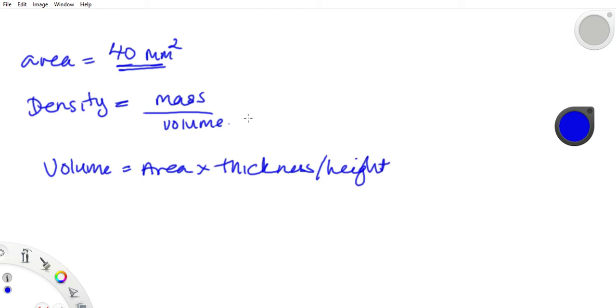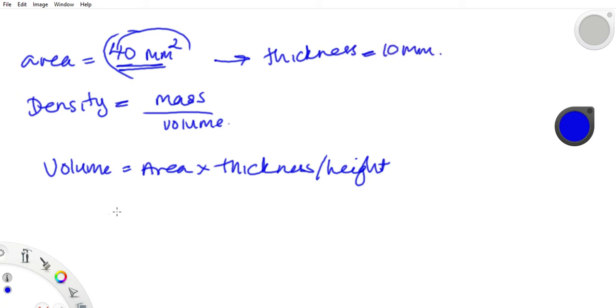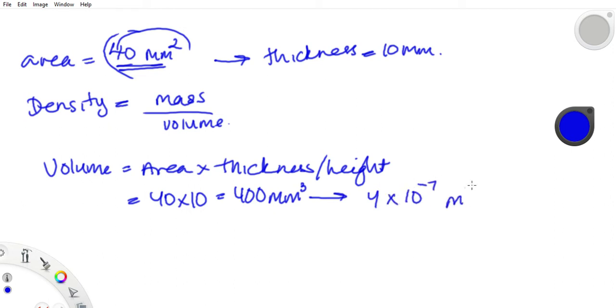We were given the thickness, let's say the thickness of the plate is 10. Let's say this is the surface area of a steel plate, and the thickness of this plate is 10 millimeter. That makes the volume 40 times 10, which is 400 millimeters cubed, which in other words is 4 times 10 to the minus 7 meters cubed.